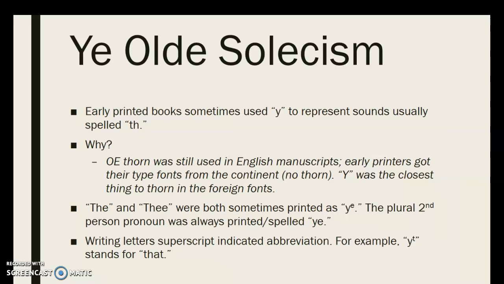And thorn was not used on the continent. The closest thing to thorn was Y. And so printers would write Y-E instead of T-H-E with the thorn. The E was superscript, so here.